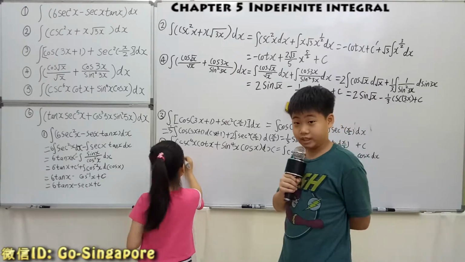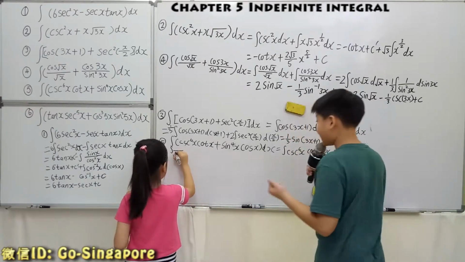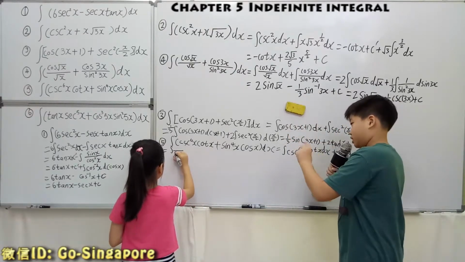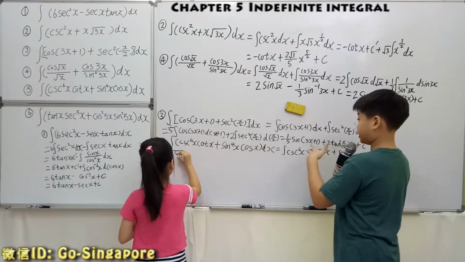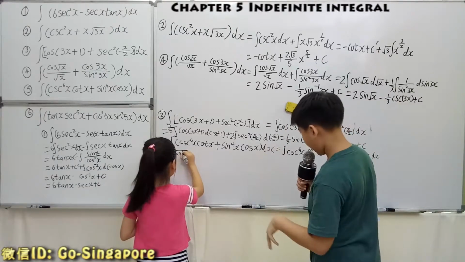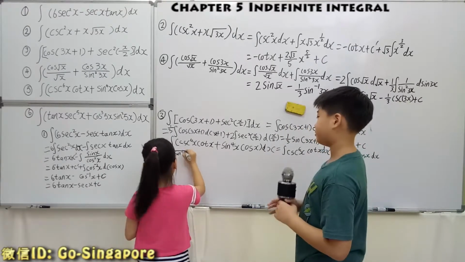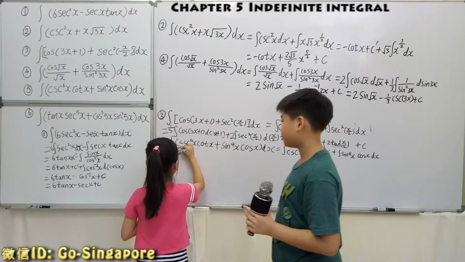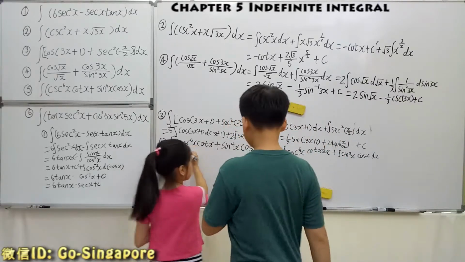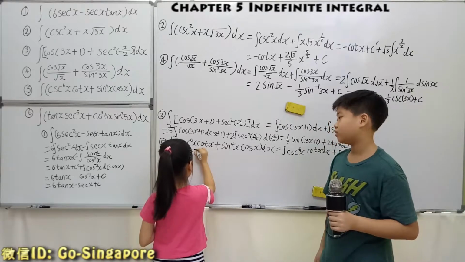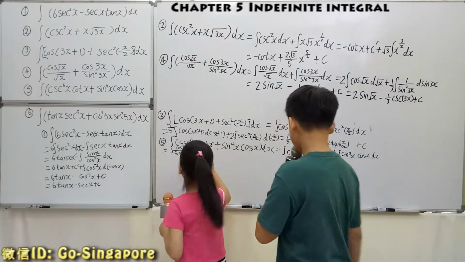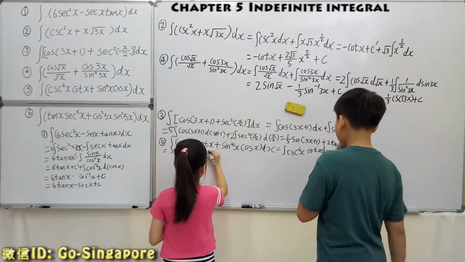So then for these, you will change, right? So cosecant becomes a 1 over sine. Cotangent is a cosine over sine, right? Yes. Then your dx.